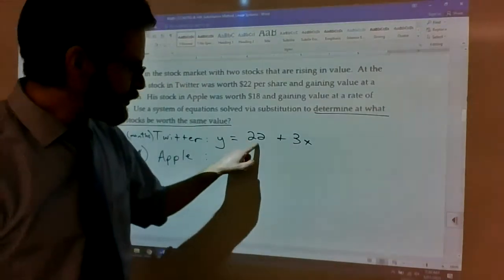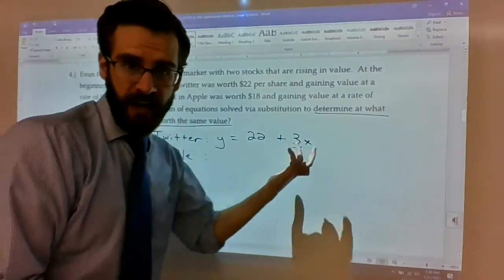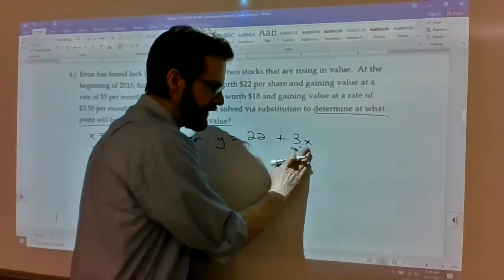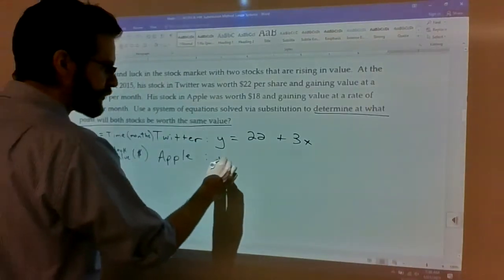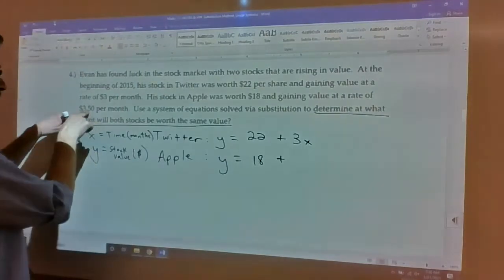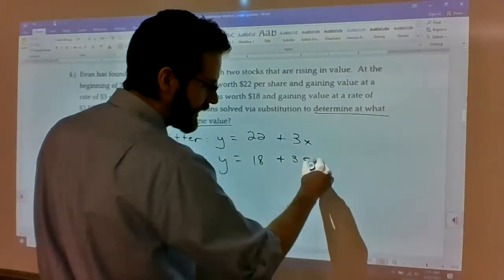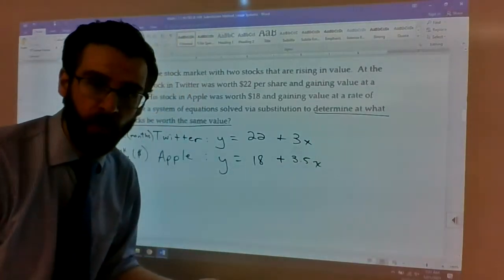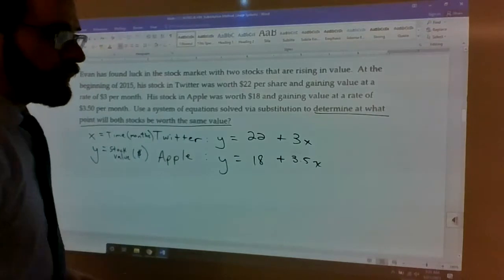Your stock, $22 plus $3 every 1 month times x. I don't need to put the 1 month there because we're not going to be graphing it. Apple is worth $18 and also gains a value of $3.50 per month, so it's 3.5 over 1 times x. Again, I'm not going to put the over 1 because we're not graphing them. Great, we've got our system.